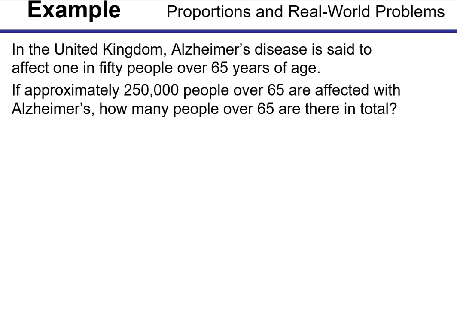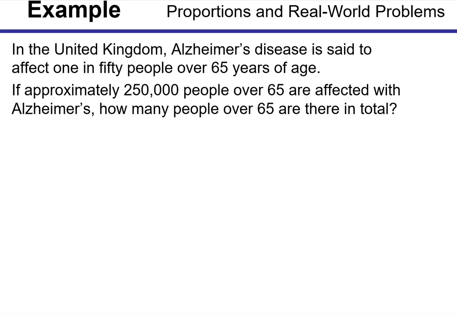In the United Kingdom, Alzheimer's disease is said to affect 1 in 50 people who are over age 65. If approximately 250,000 people over 65 are affected with Alzheimer's, how many people over 65 are there in total?